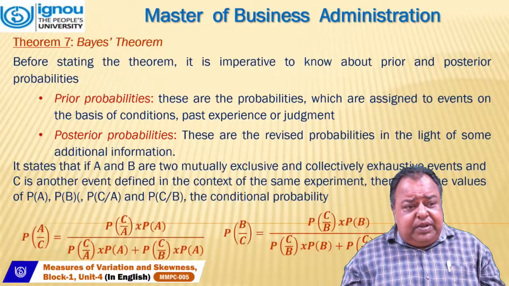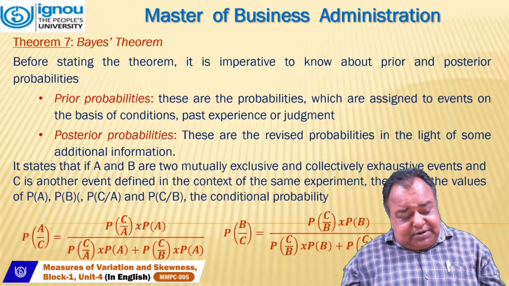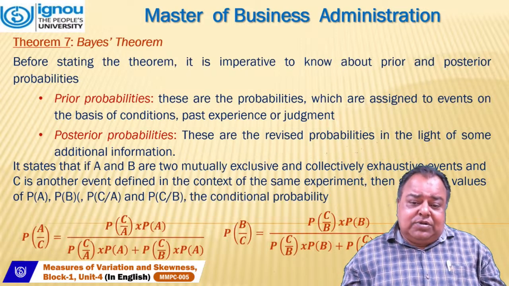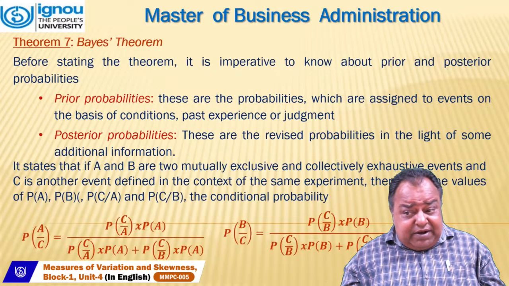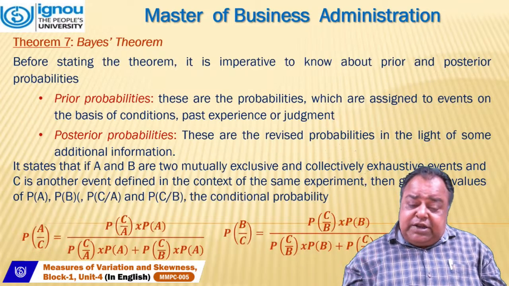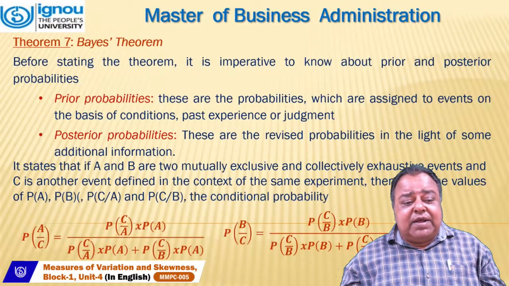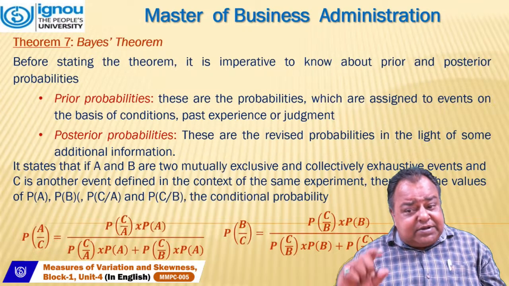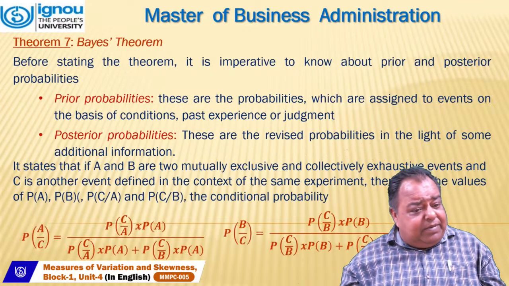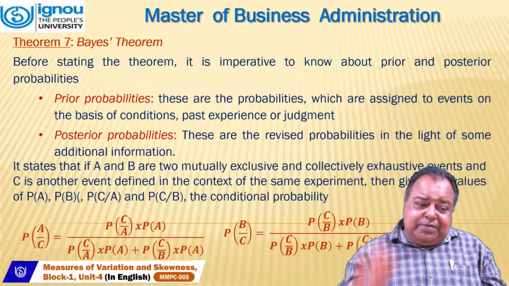Before starting the theorem, it is imperative to know about prior and posterior probabilities. Prior probabilities are those probabilities which are assigned to events on the basis of past experience or judgment. Posterior probabilities are the revised probabilities in the light of some additional information. That means some additional information will be provided to you. You can say that this is a case of testing.